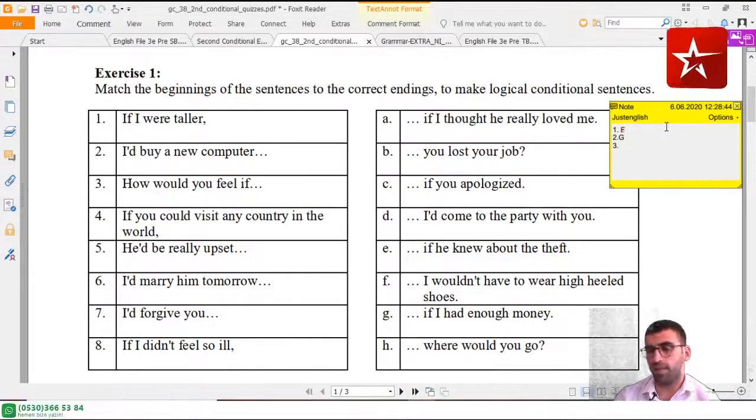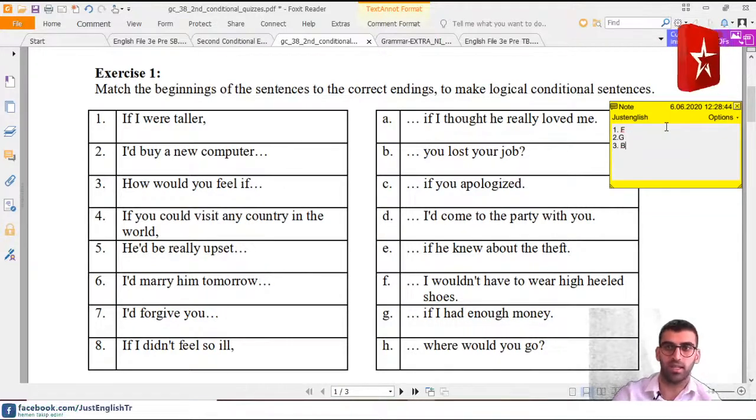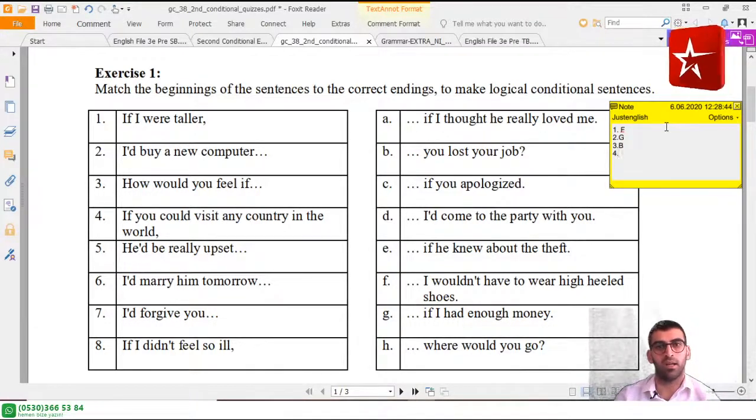How would you feel if you lost your job? That is the correct answer. Number 3, it's not A, Azime, because we would have two ifs in one sentence. It is impossible. So that is why the correct answer is B.